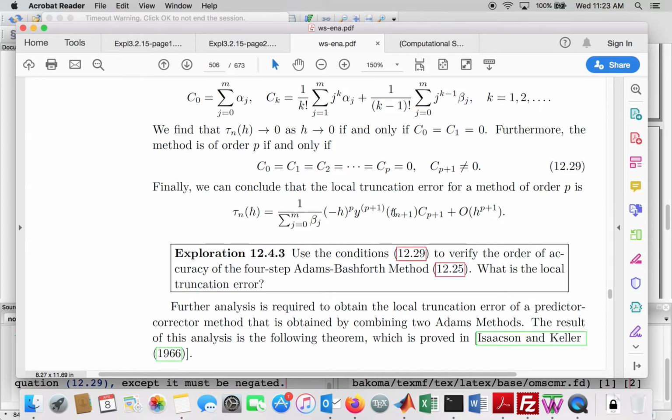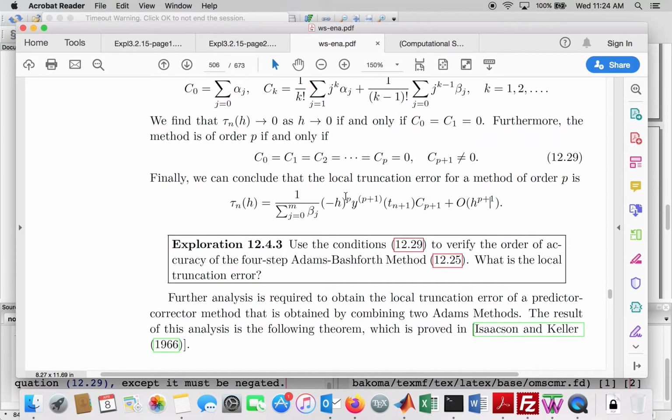Okay, so that's the local truncation error for a general multi-step method and how to confirm the order of accuracy resulting from Taylor expansion.